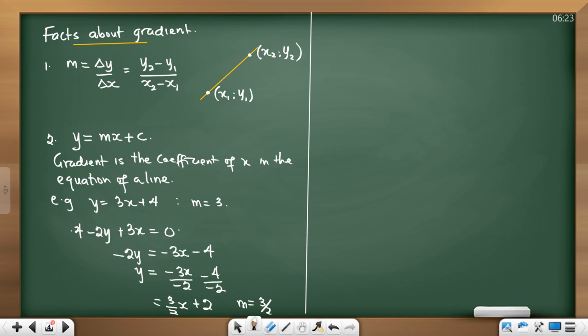Number 3. Now, this is going to be new to us, using trigonometry.